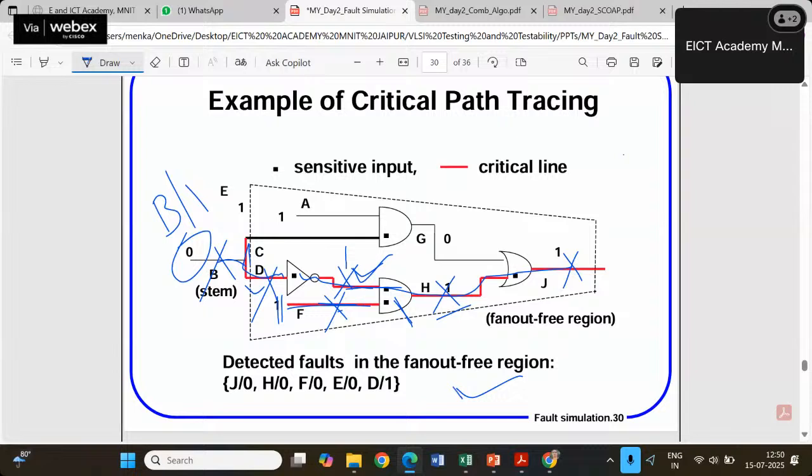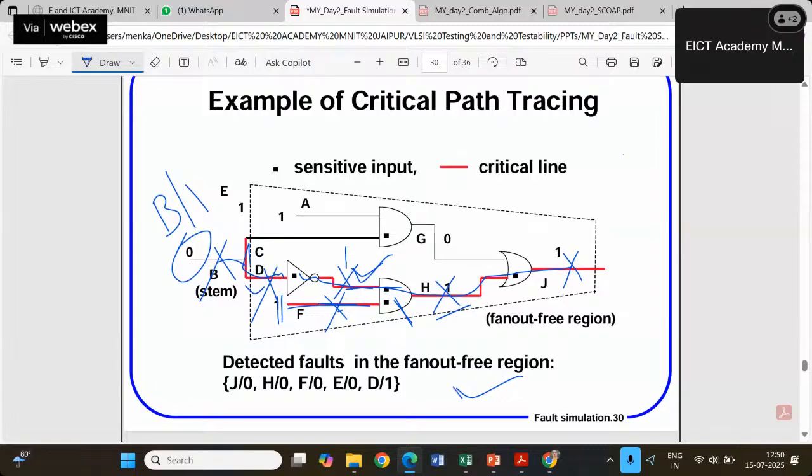So my job is to push this fault at the output. In order to push that fault at the output, I need to go through some gates. I have to make sure that the other inputs of that particular gate are non-controlling, so the effect of that fault can propagate at the output. So this has to be non-controlling. This is an AND gate, so keep the non-controlling value.